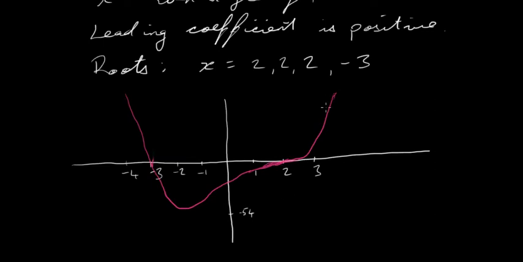Because there are 3 2's, an odd number, it will go straight through the x-axis. If we only had 2 2's here, the graph would come up, hit 2, and go back down again. It wouldn't cross the x-axis, but because we have an odd number of 2's, it'll flatten out across the 2 and then come up along here like this. So that's our second example.